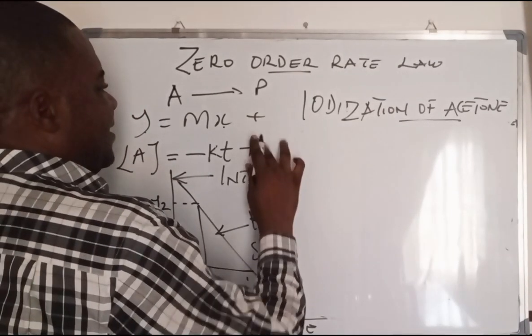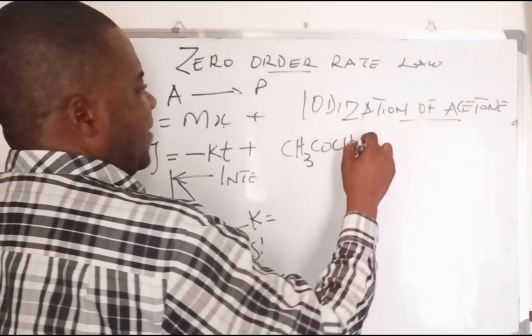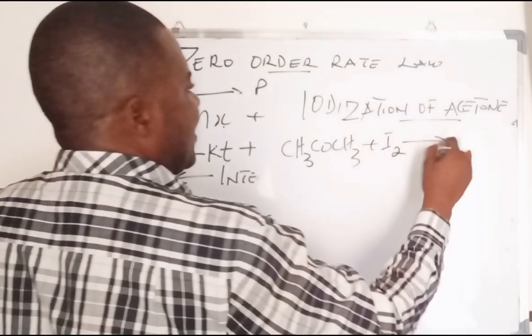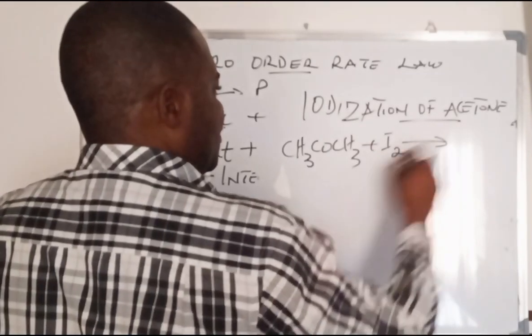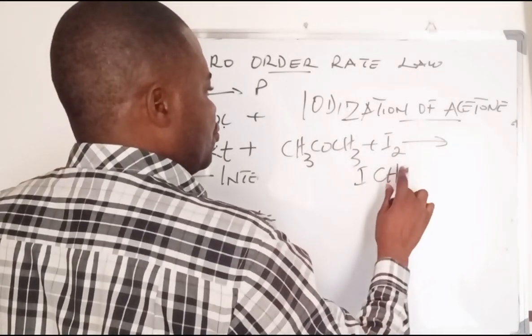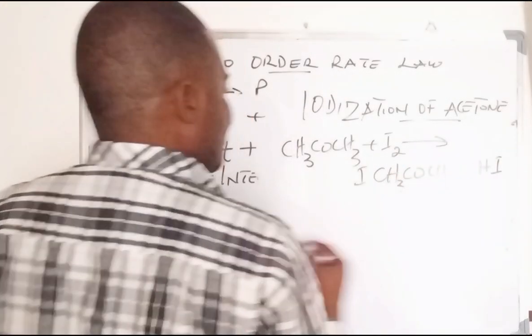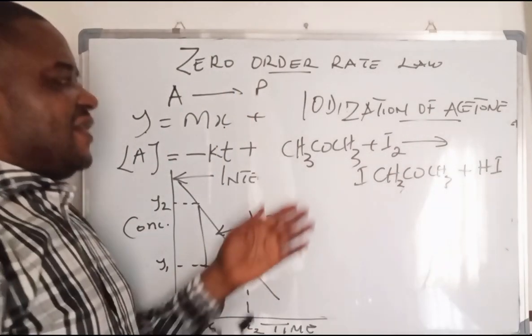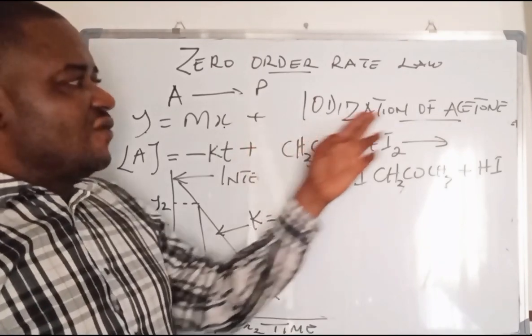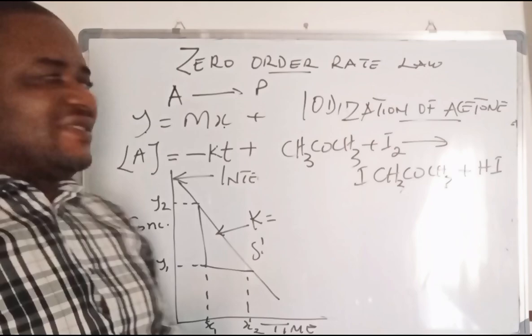And this is CH3COCH3 plus iodine, and it is going to give you iodine CH2COCH3 plus hydrogen iodide. Now this is a typical reaction, iodization of acetone, that obeys the zero order rate law or rate equation.